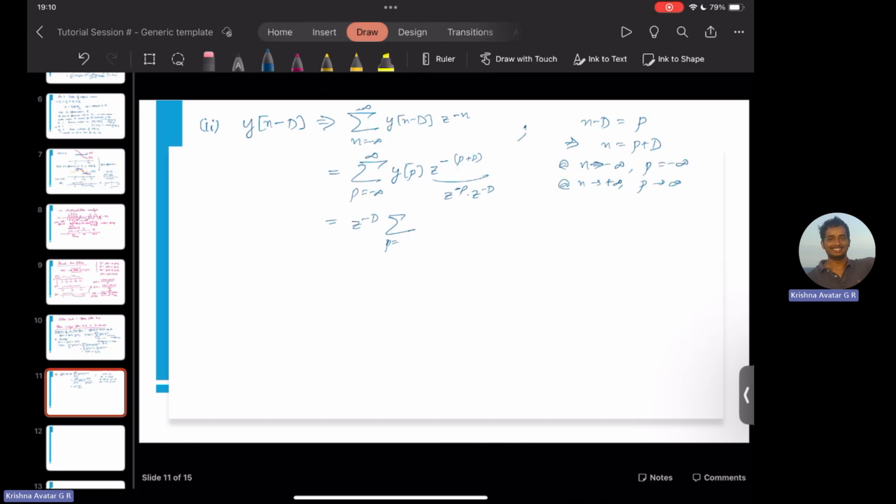And you have the summation over p of y of p z to the power minus p. Since p is a dummy variable, you can just call it n again. And this, you know very well, is the Z transform of y. So in effect, you have z to the power minus d times Y of z.